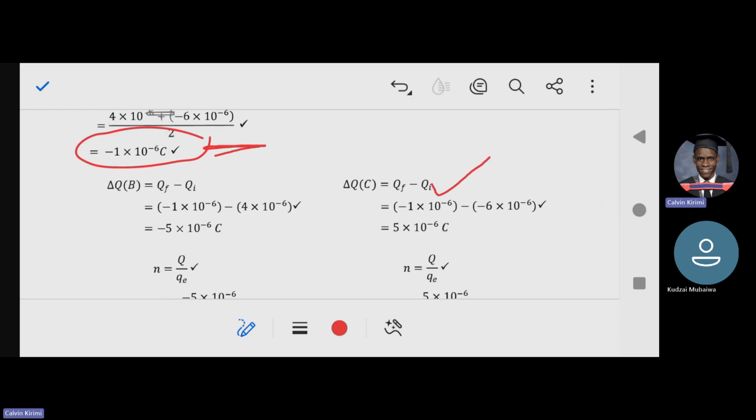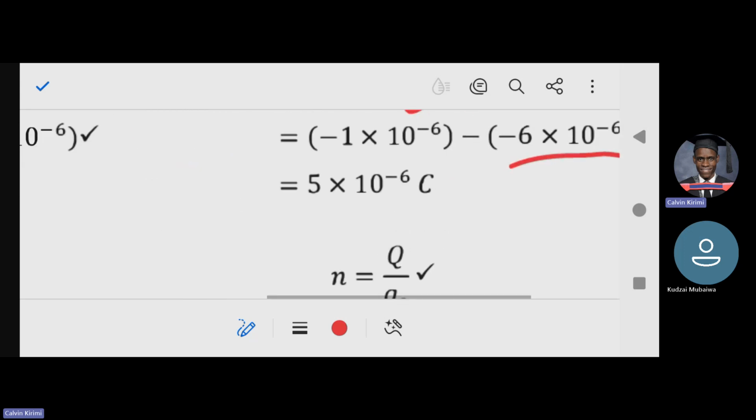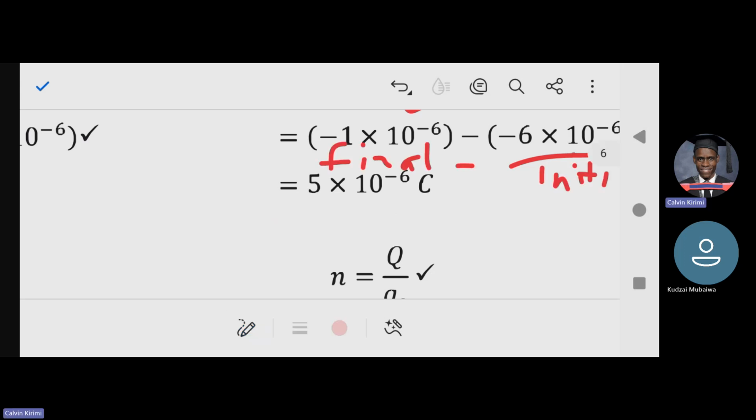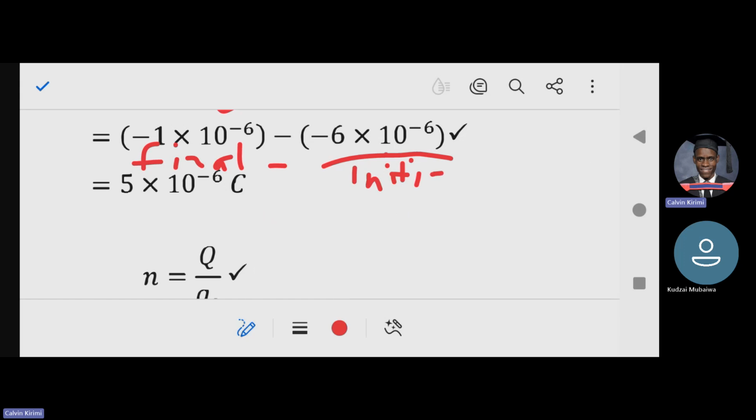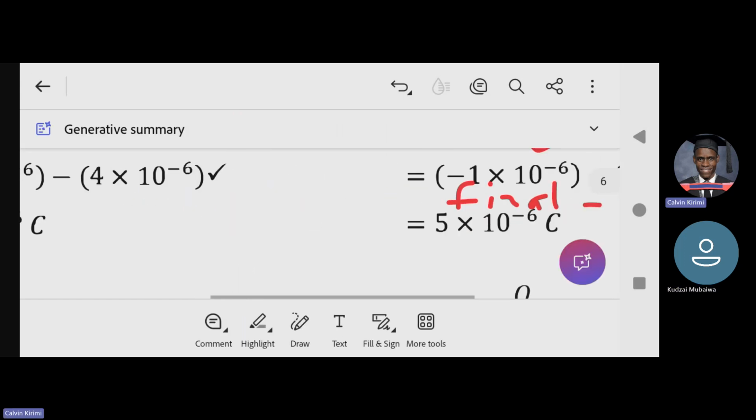What was the initial charge of C? This was the initial. So the final minus the initial. That's why they are subtracting, to find the change. That is what they did there. They also did the same here.